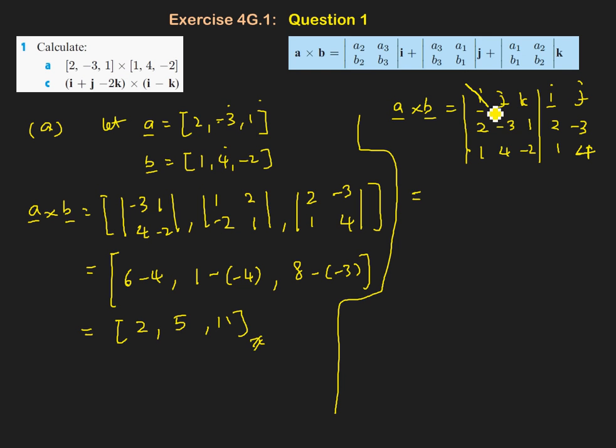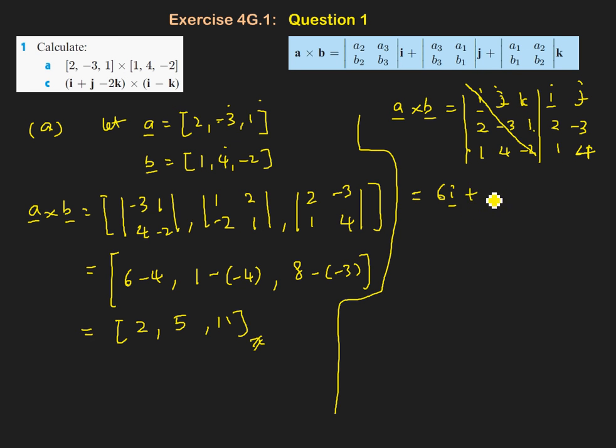So I take i times -3 times 2. That is -6, so I have -6i. Then move on to this one. I have j times 1 times 1, so I have 1j, so plus j.